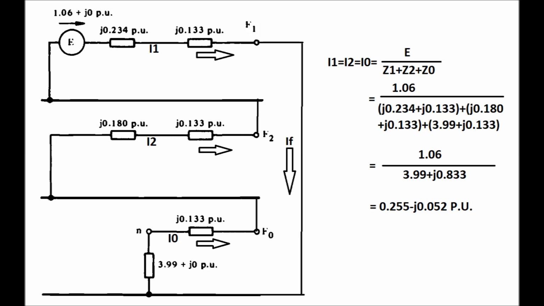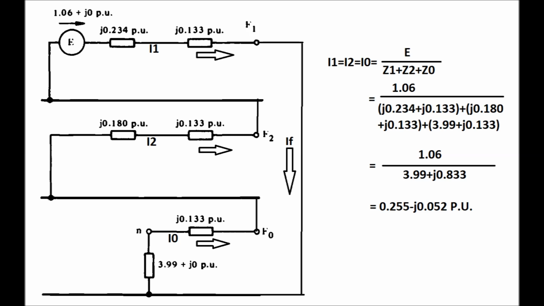And Z0 is the sum of the zero sequence impedance of the transformer and the zero sequence component of the NGR, that is the neutral grounding resistor, which is equal to 3.99 plus j0.133 per unit. So Z1 plus Z2 plus Z0 comes as 3.99 plus j0.833 per unit.